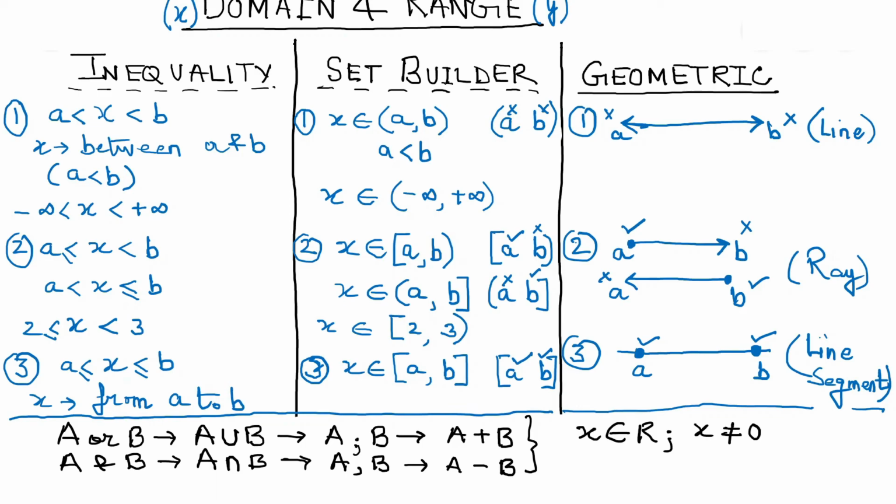So you will not say and, you are saying x is a real number, and you are using what here? You are using a semicolon. So you have to be very, very cautious if you are saying x is a real number and not equal to 0. In that case, you are not going to use a semicolon. On the contrary, you will be using what? You will be using a comma.